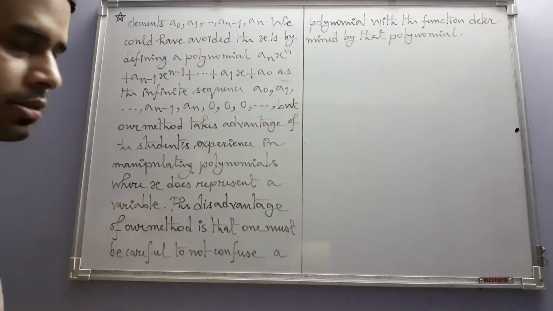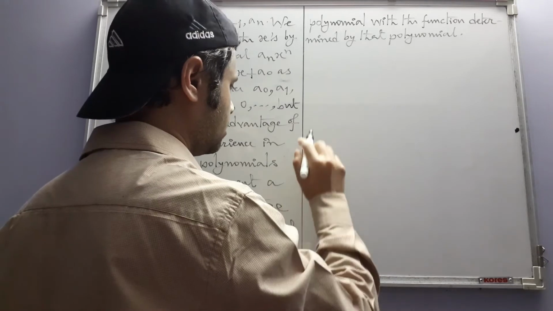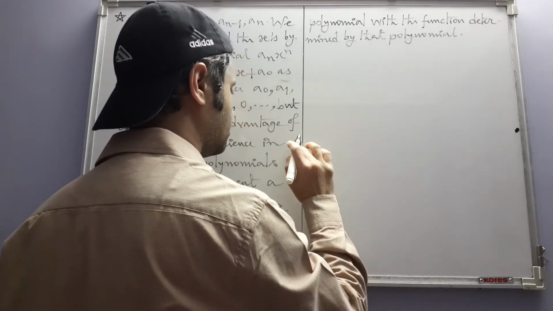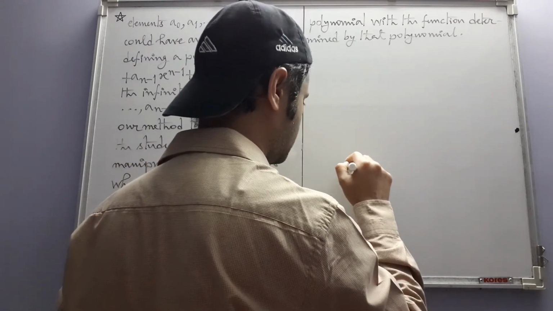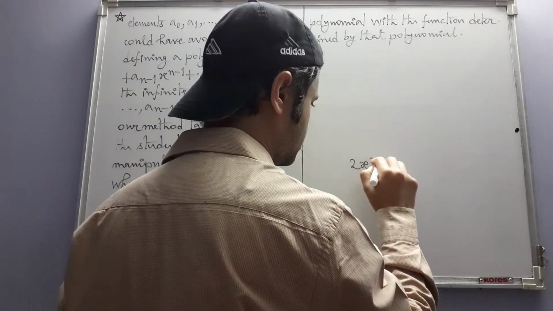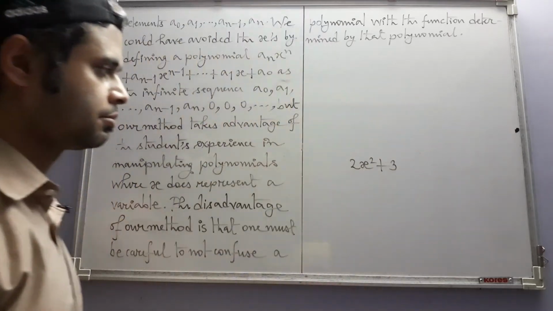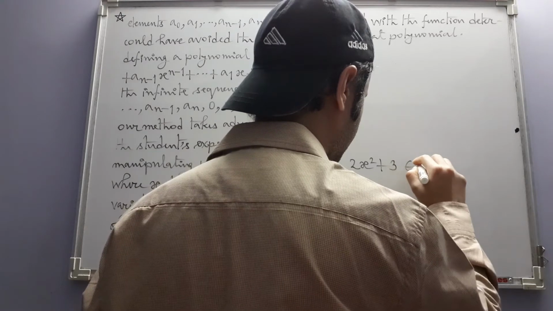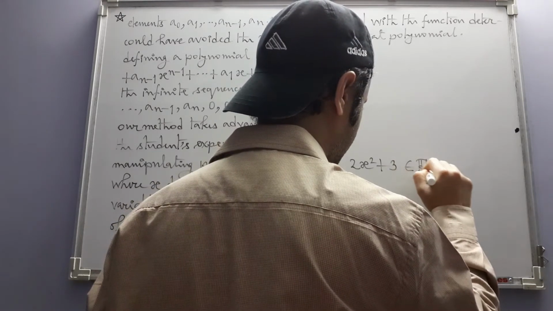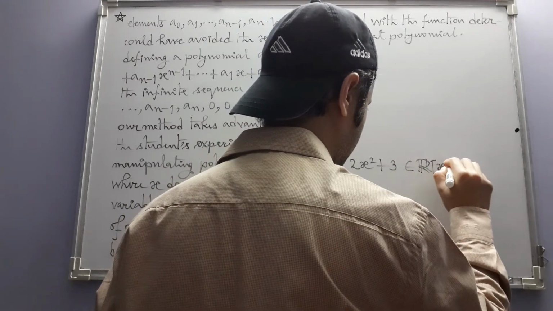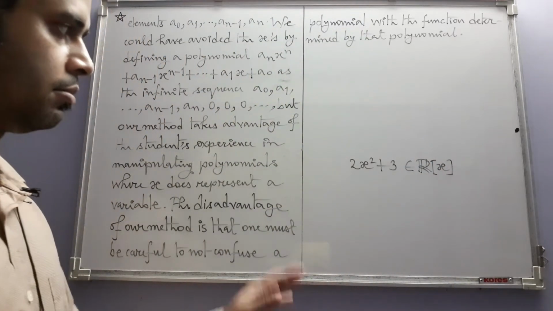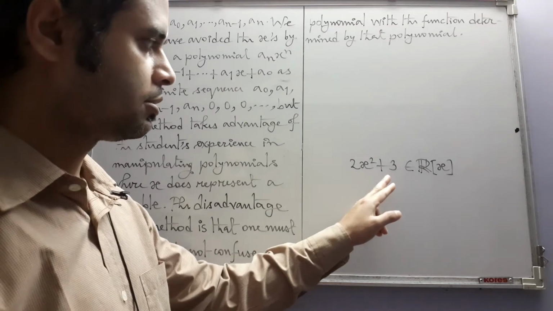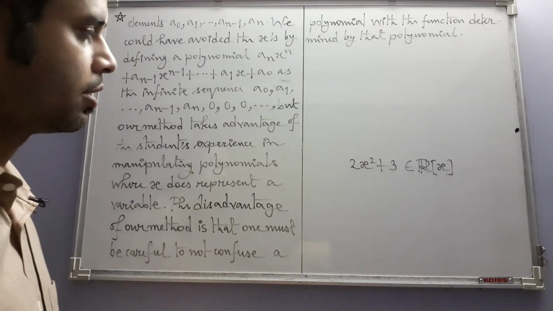What this means is that, without being too abstract, we take one real polynomial, say 2x square plus 3. When we are considering this as an element in this polynomial ring, then it's just a formal symbol where these 2 and 3 are real numbers, and that's all.